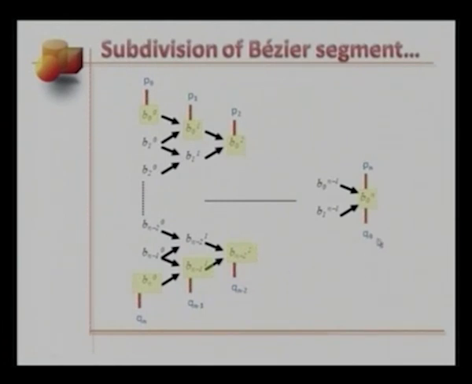In summary, therefore, the top edge would represent the new control points for the first subdivided Bezier segment for u equals c. And this bottom edge here of this triangle will represent the control polyline for the second subdivided Bezier segment, again for u equals c.